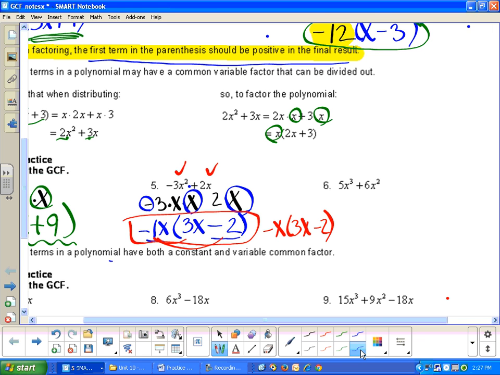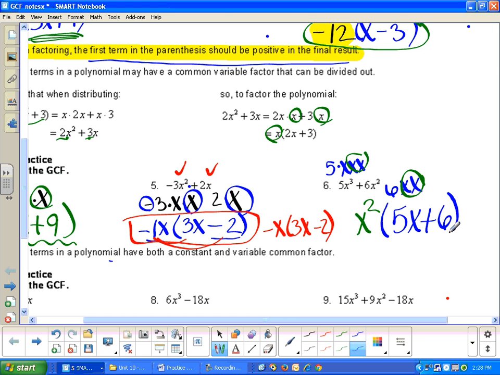Okay, for number 6, we have 5 and 3 x's. We have 6 and 2 x's. So if we look at what's in common, we have 2 x's in each one. X times x is x squared. And it left over 5x plus 6.